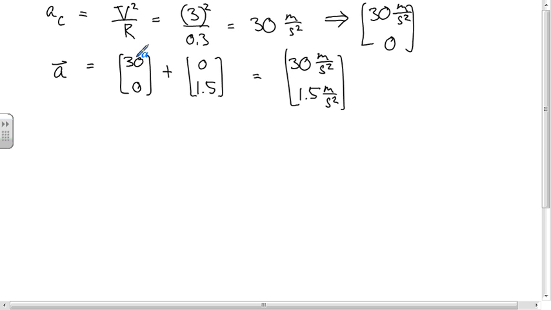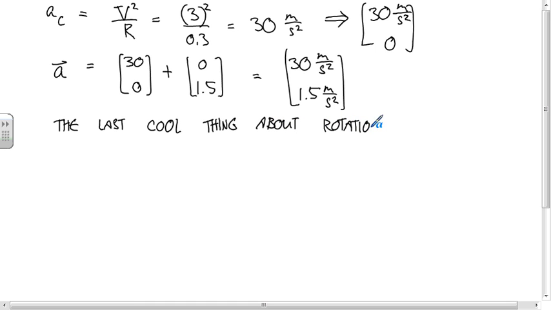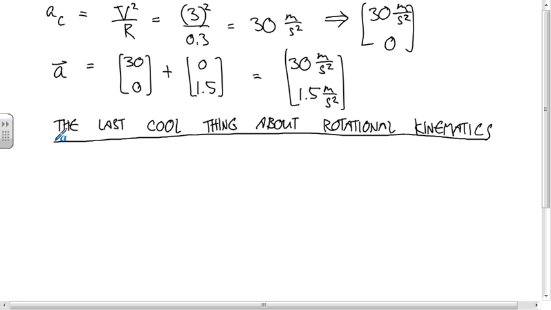Now, the last cool thing about rotational kinematics, before I go on to rotational kinetics, and that is those 3 or 6, depending on 1D or 2D, equations that we used for constant acceleration. The analogs of those all apply for rotational motions.